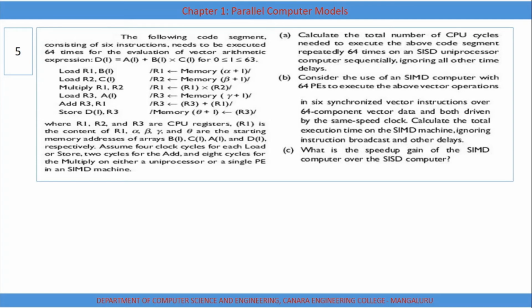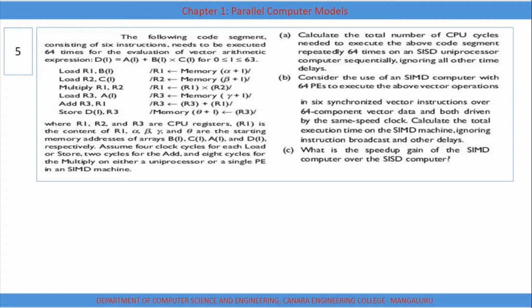Next question. The following code segment consisting of 6 instructions needs to be executed, and the expression is D(I) = A(I) + B(I) * C(I) for I varying from 0 to 63.